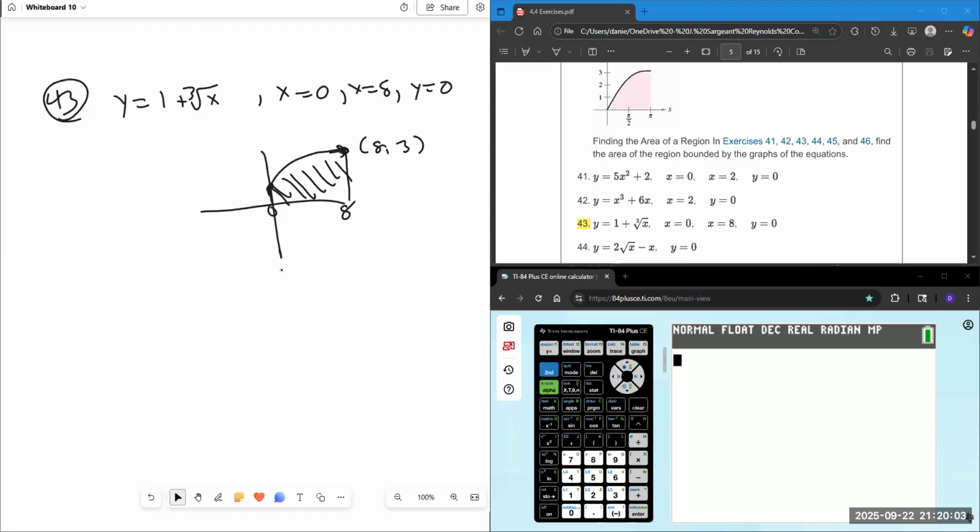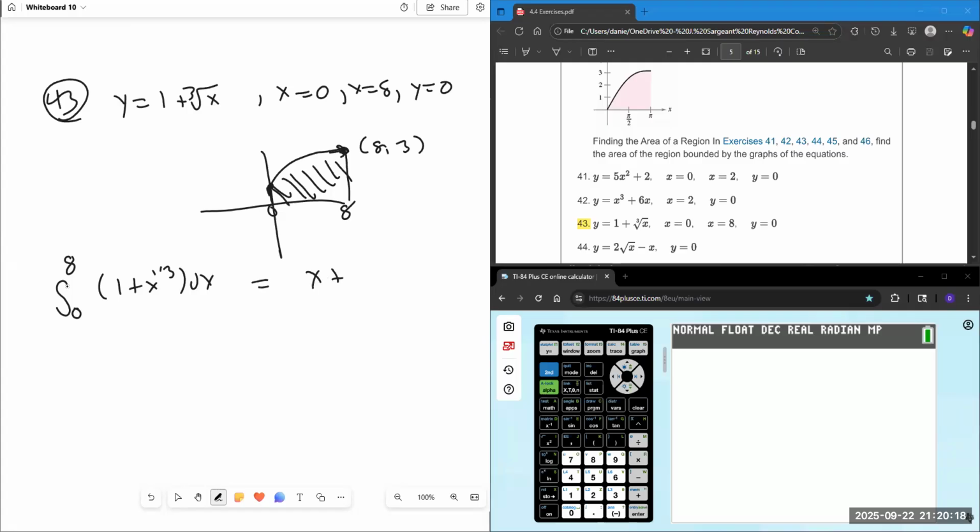So I have the integral from 0 to 8 of 1 plus x to the 1/3 power dx.